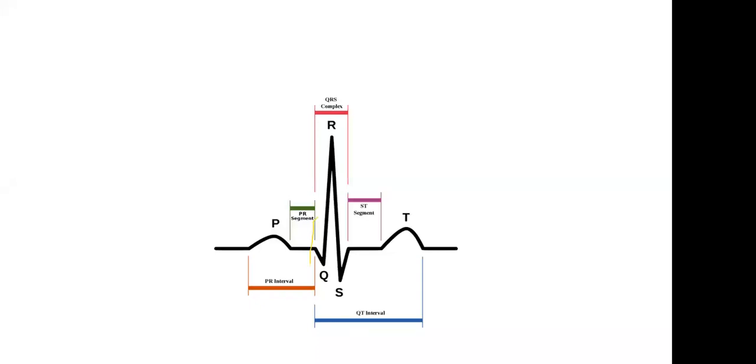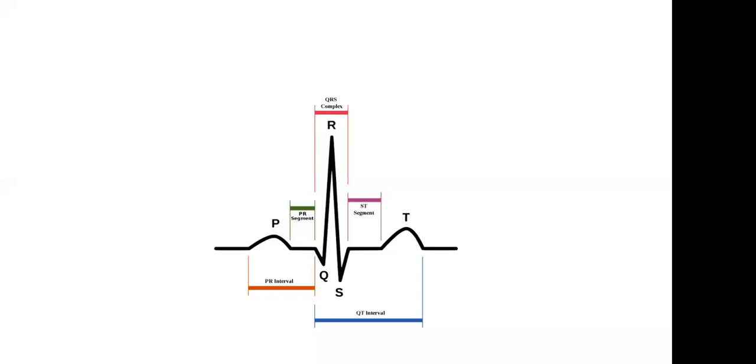Then the QT interval, you can also see, is from the start of the Q wave up to the end of the T wave. It includes the whole of the QRS complex and the T wave as well. Remember, this is the whole time when the ventricles contract and relax. When they contract, they push the blood into the aorta and they get empty.